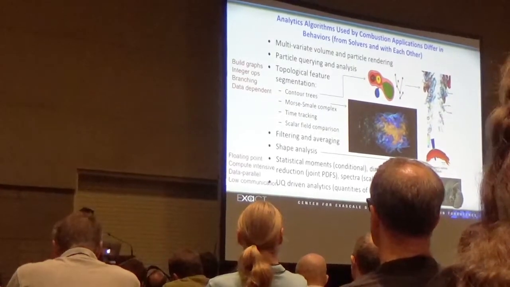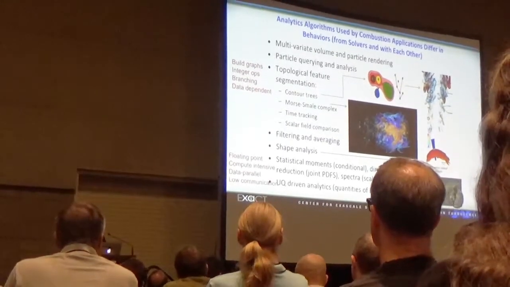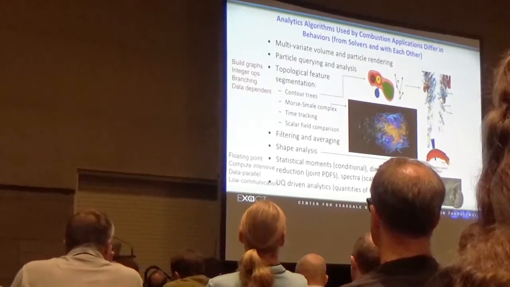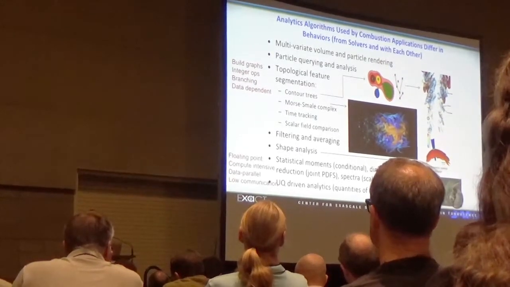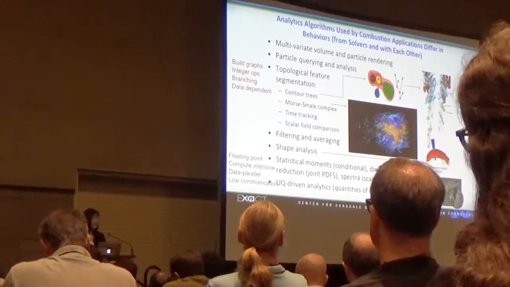I should just reemphasize that the arithmetic mix for these different types of analysis vary greatly. For example, the topological methods typically build large graphs. They include a large number of integer operations and no floating point operations, and are highly data dependent depending on the size of your features.